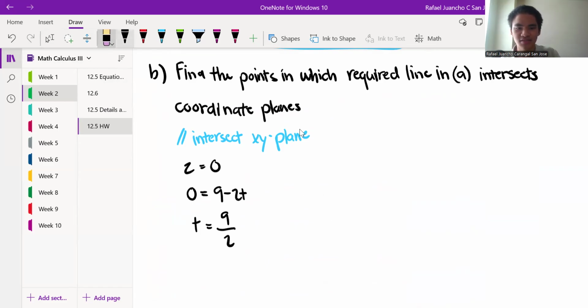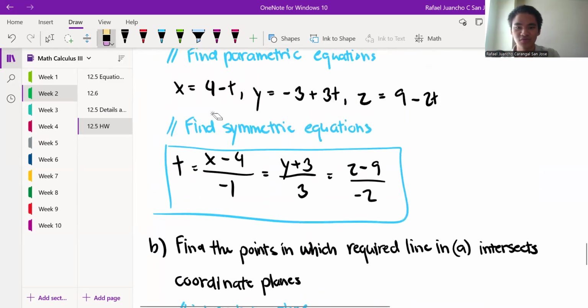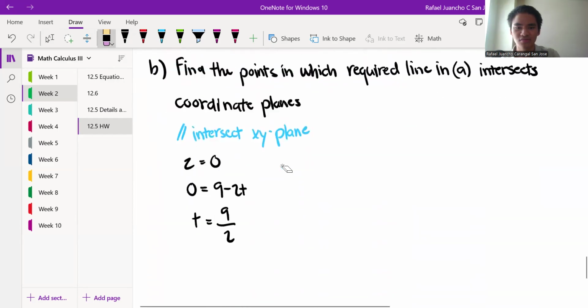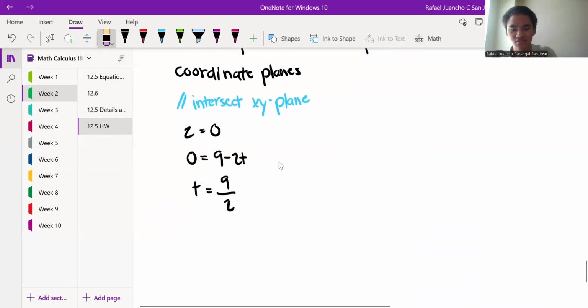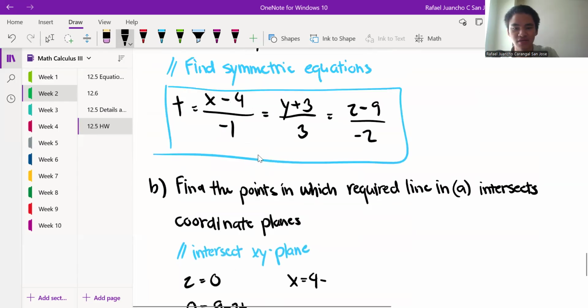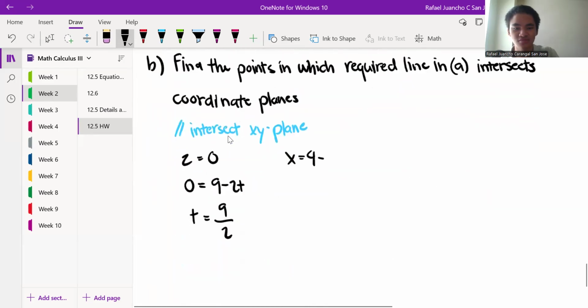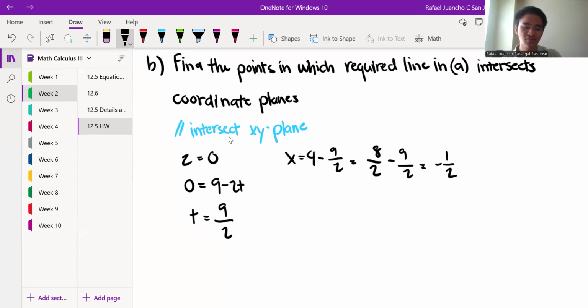Okay, and since t is equal to 9 over 2, we can plug that into x and y. So for x, we get 4 minus t, so 4 minus 9 halves. We get 8 over 2 minus 9 halves. Look at that, we get negative 1 half, because 8 minus 9 is negative 1.